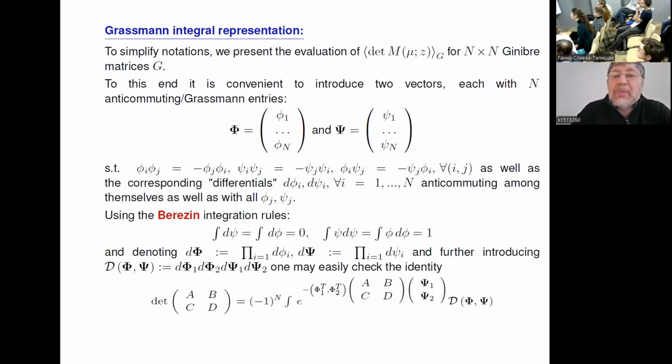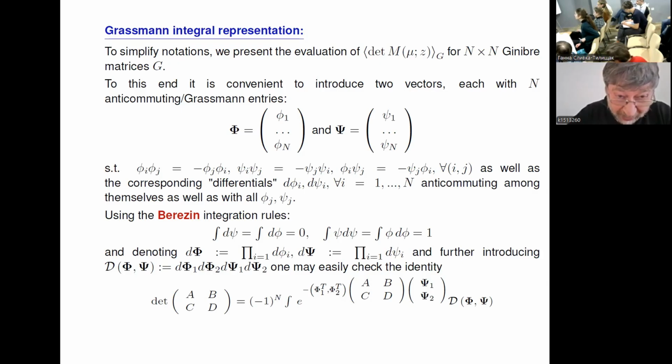There are various possible approaches, but I think the most efficient one is based on using integrals over anti-commuting or Grassmann variables, with which I expect the audience to be already familiar, but I will remind it very briefly. We need to evaluate this determinant of 2n by 2n matrices, and for this we introduce two different vectors with n components each, and every component of these vectors is an anti-commuting variable.